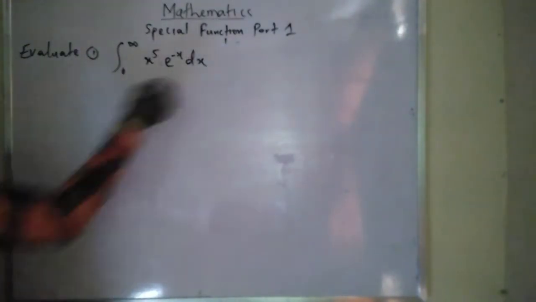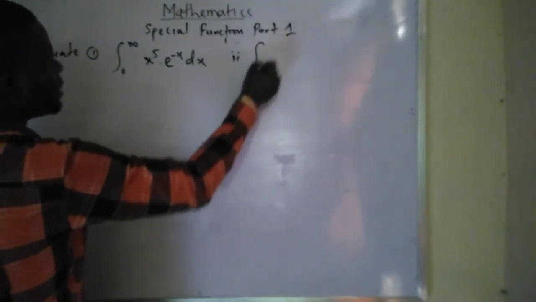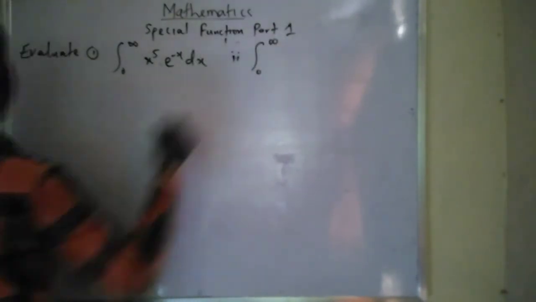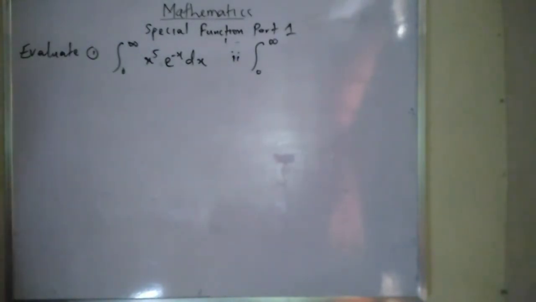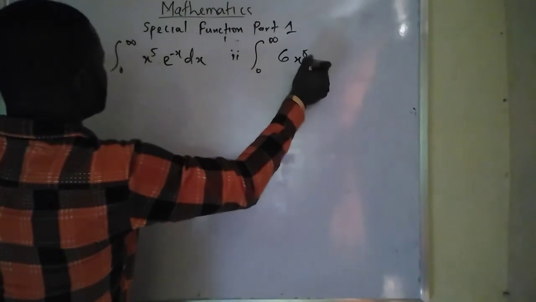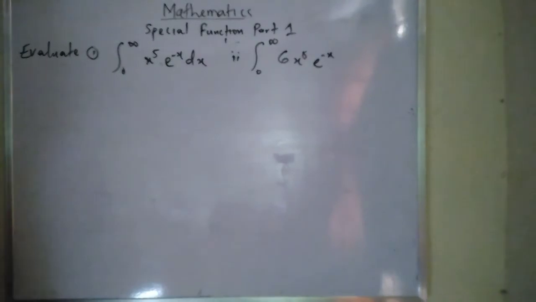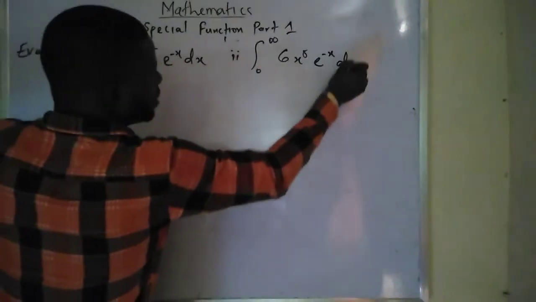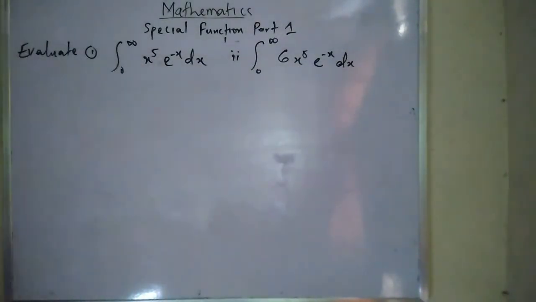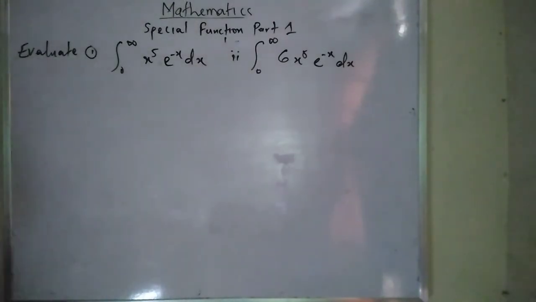And another one, 2, the integral from 0 to infinity of 6 x to the power 8, e to the power minus x dx. Now, anytime I have an integral like this, with the upper limit and the lower limit, and it appears like this, there's no way I can solve it directly.